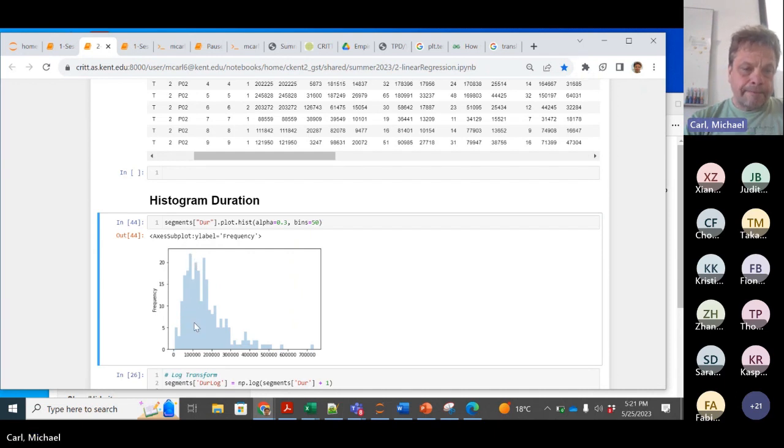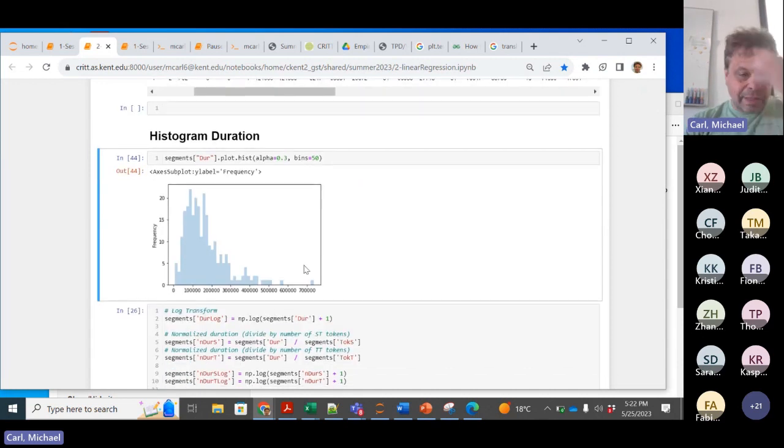We see that most segments are produced in this duration here, around, what is this, 100 seconds. And we have some outliers here that are 700 seconds. This is 10 minutes almost, right? For one segment. So this is clearly an outlier.